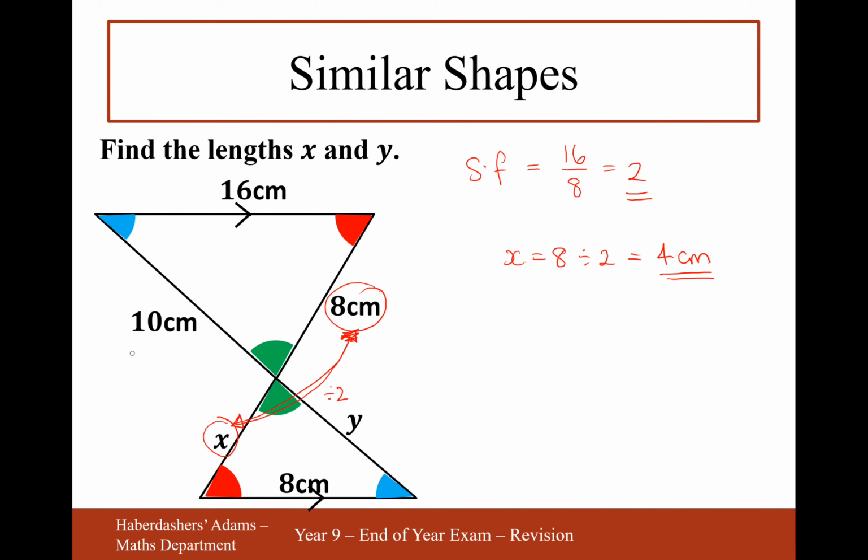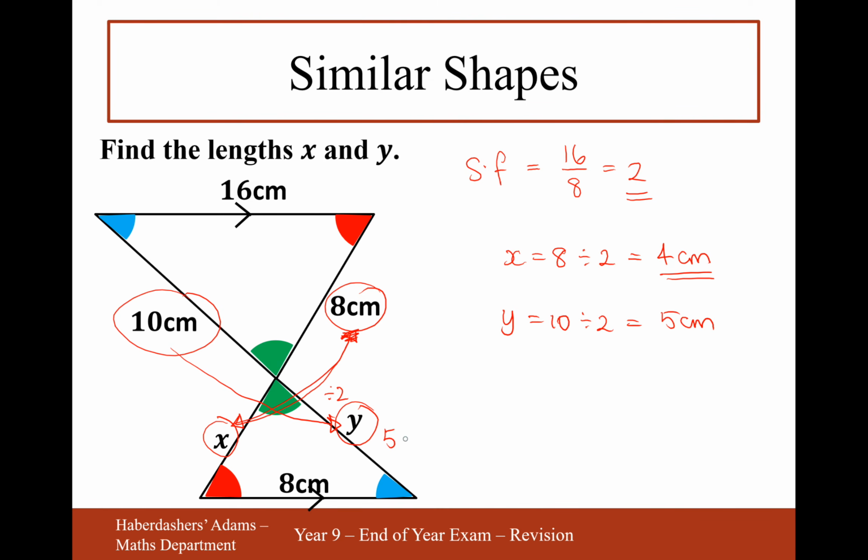On the y equation, we're going to have to go back as well, and it's the side of 10 centimeters that corresponds to the side of y. So for y, it's 10 divided by 2, which equals 5 centimeters.